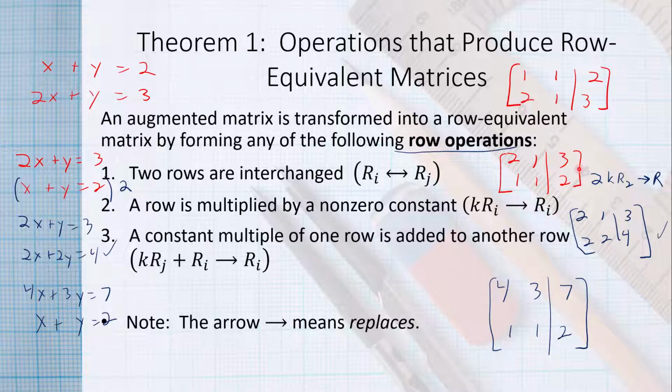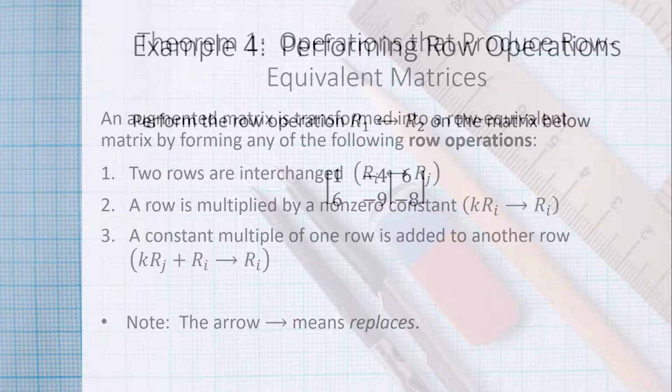Notice here, I did not change row 1, but I took row 2, multiplied it by 2, and put it back in row 2. And then here, I took 2 times row 1 plus row 2, added them together to give me this, and I put it back in row 1. I probably should not have used that there. And that is the idea behind row operations. And we're going to work on this in the next couple of slides.